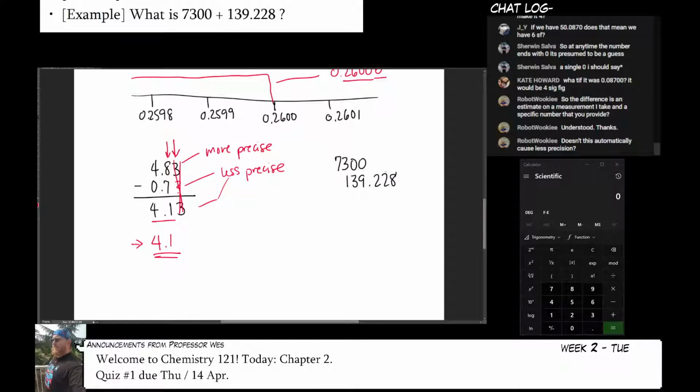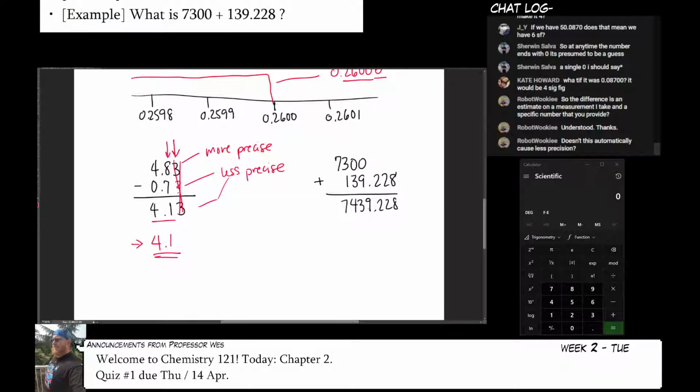Notice that there is no decimal point on 7,300. Don't add one. If a number does not have a decimal point, do not put one in there. You change the intent of the measurement tool. So let's add these together. And no surprises here, right? When we do the addition.